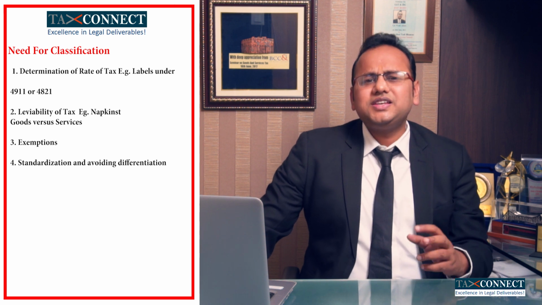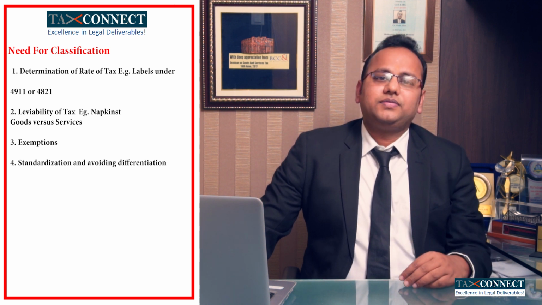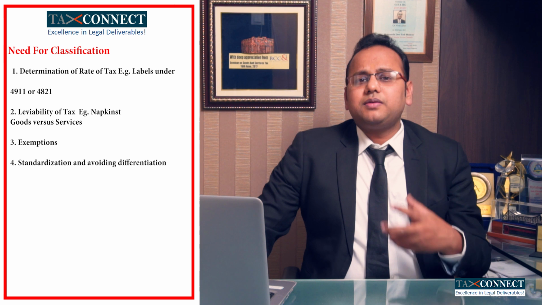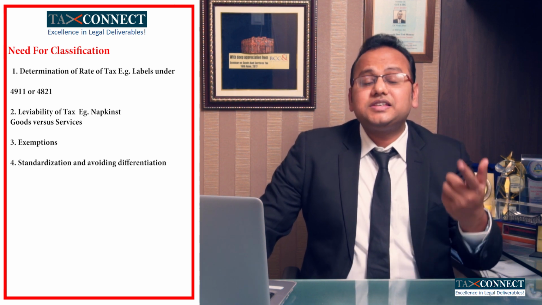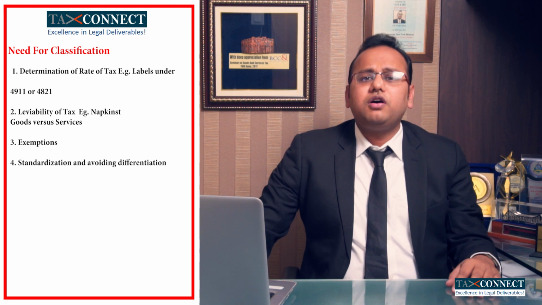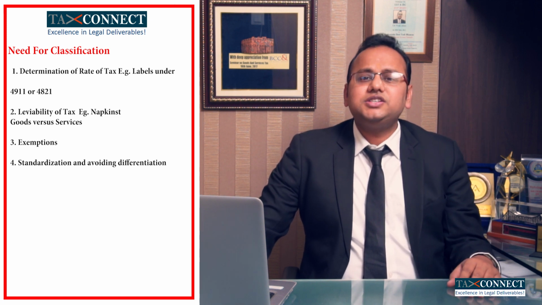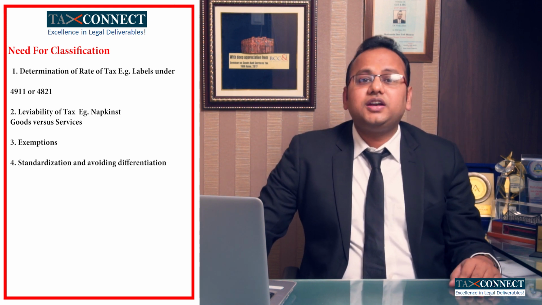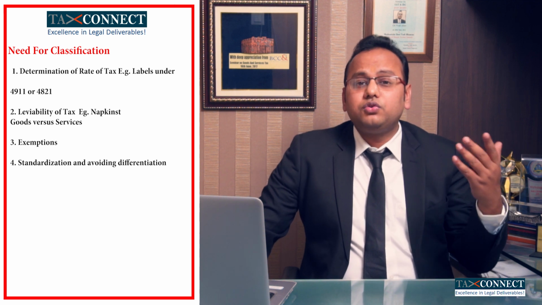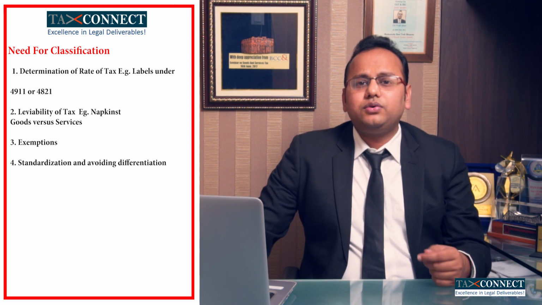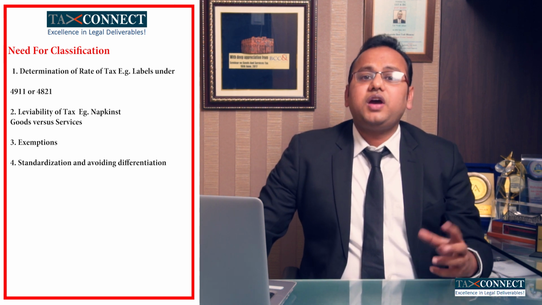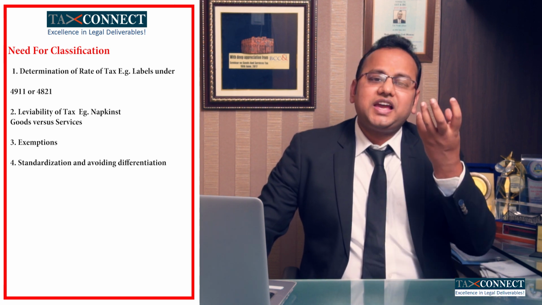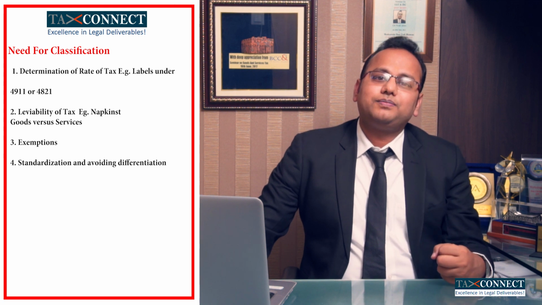Next, what is the intention of the party? When somebody gives a contract to install a solar power generating system on the rooftop of a building, the intention is not to have that building or rooftop dug out and civil work done. The intention is to have a machine which can capture solar power.